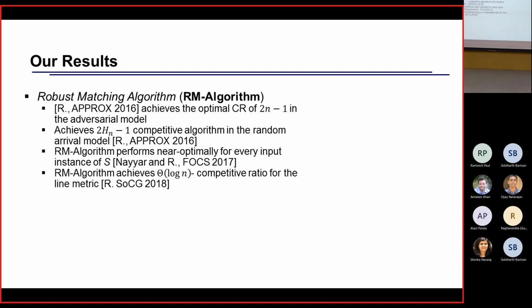This is something that I'll expand on in a bit. So for now, just assume that it does something good for every input instance. And very specifically, I'm going to at least touch upon the fact that for the line metric, it gives you log n competitive. So you are able to improve from n to the 0.59 to log n competitive ratio with the robust matching algorithm.